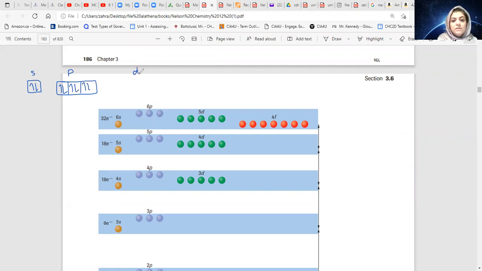D orbital has 5 boxes. In each box, you can have 2 electrons, right?